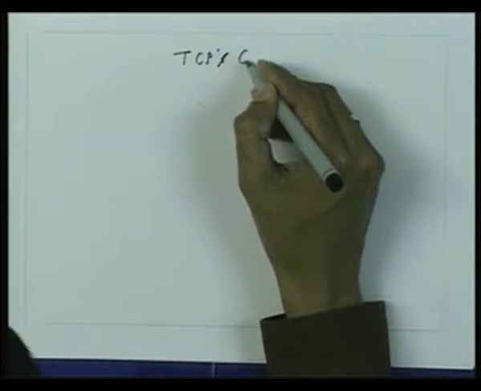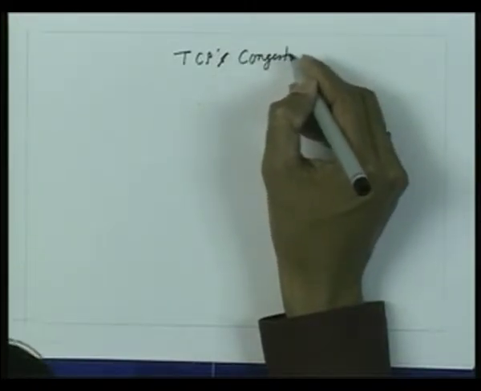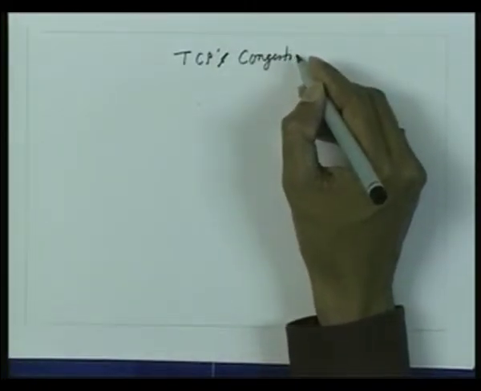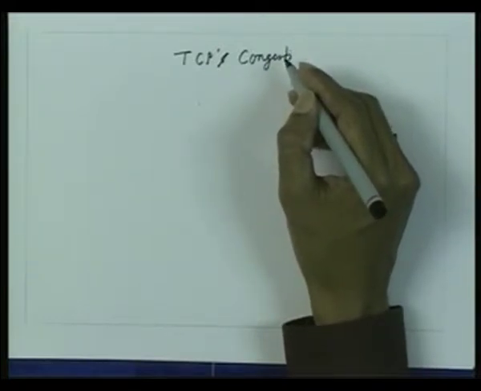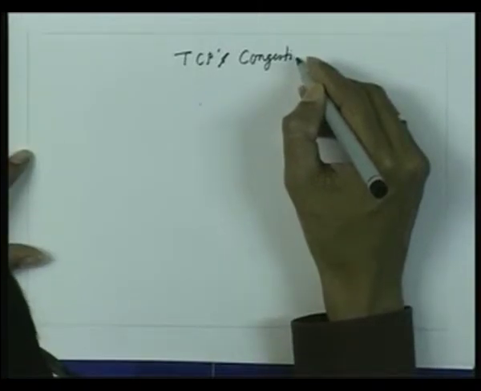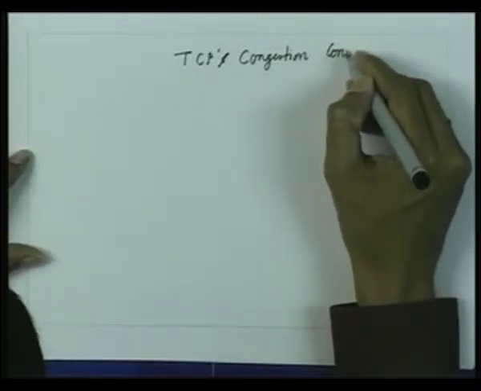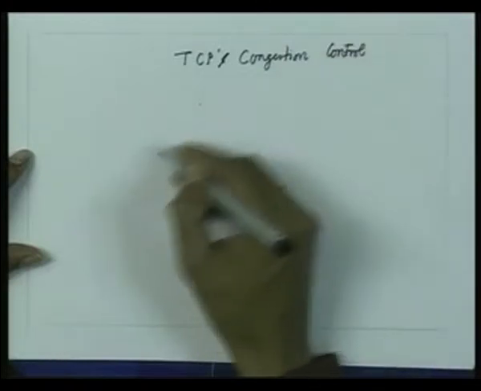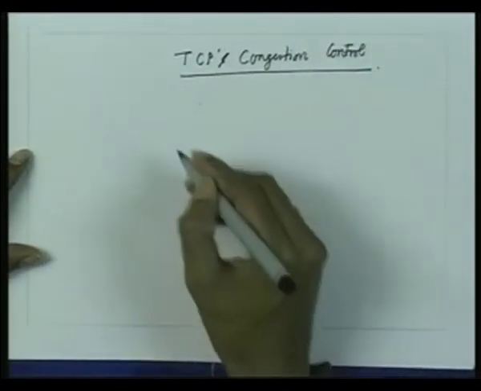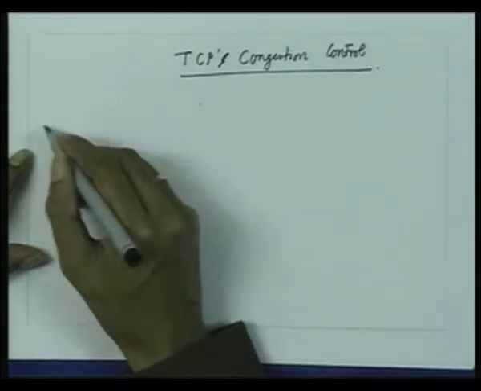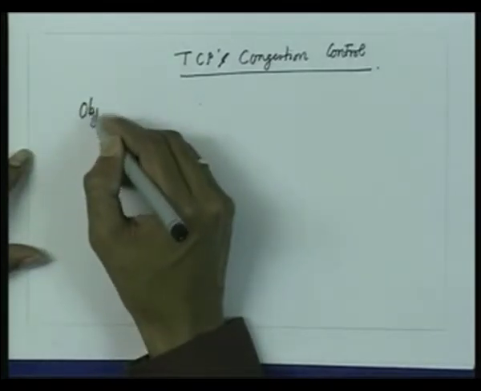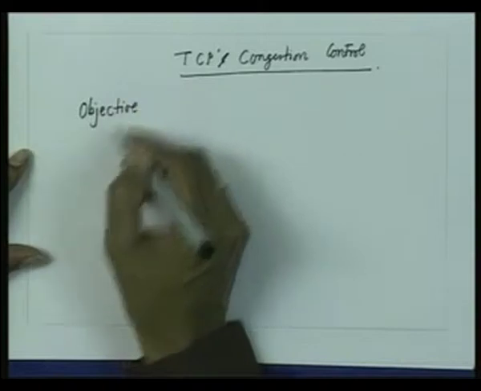All right. So what we are saying is the TCP's congestion control mechanism. Now, the TCP's congestion control mechanism really works with an objective.